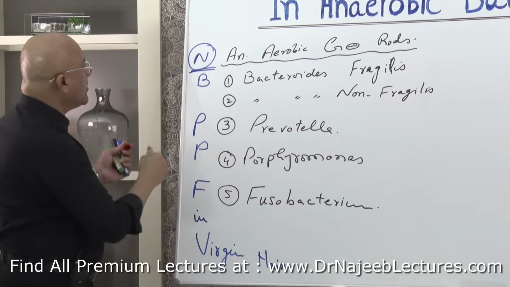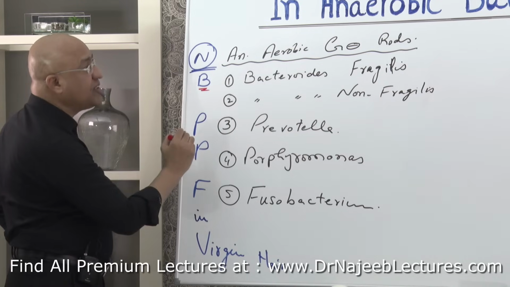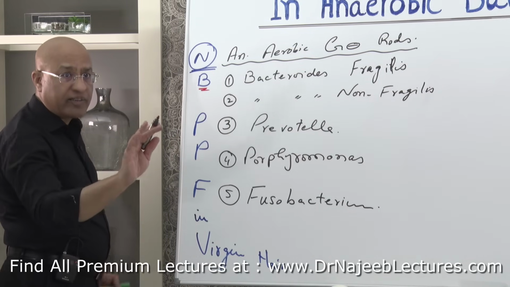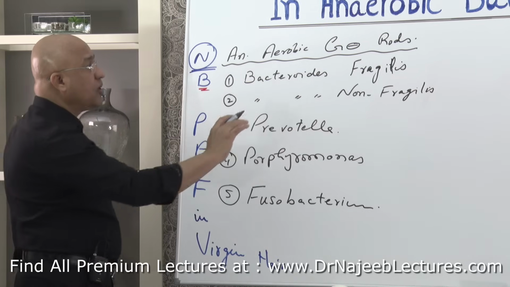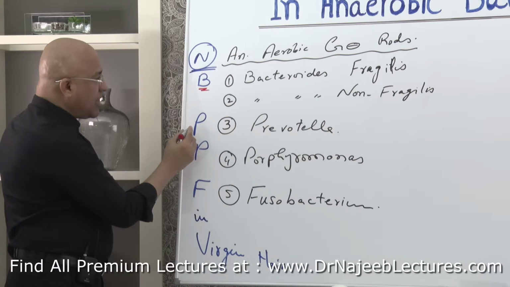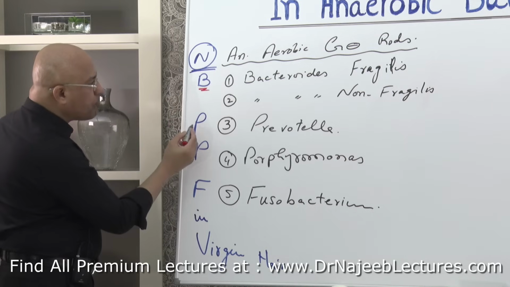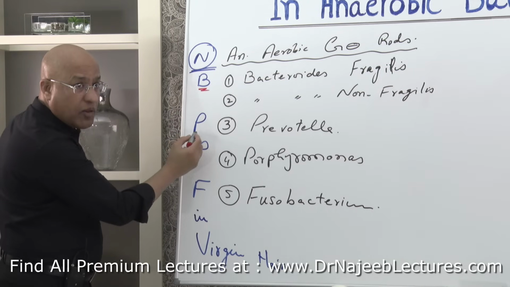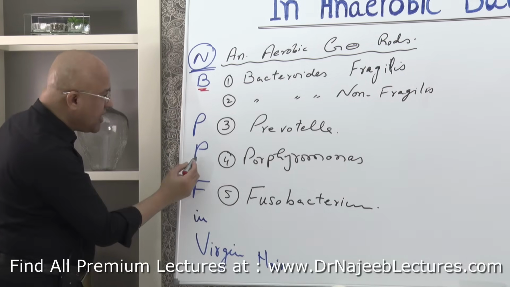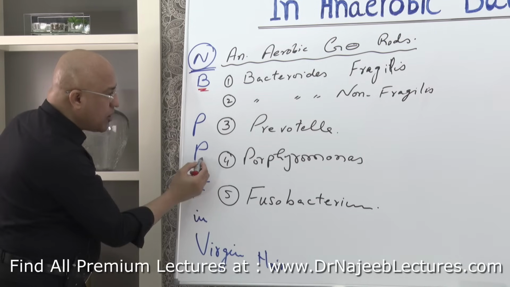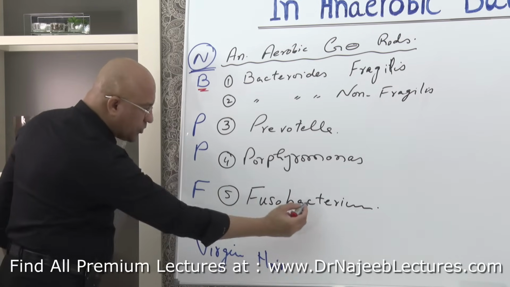Boy stands for Bacteroides; remember, Bacteroides are two groups, fragilis and non-fragilis. Places stands for Prevotella, P for Prevotella, pink for Porphyromonas, and flower for Fusobacterium.